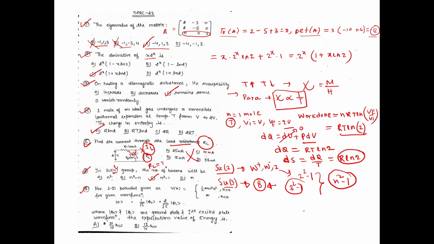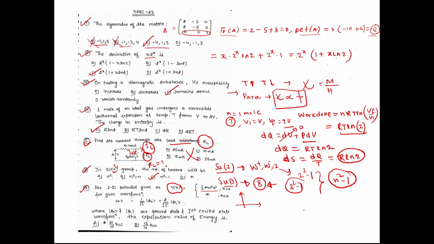We have to find the expectation value of the energy. From the question we can say that the potential given here for x positive follows the x squared law of potential, that is a half harmonic oscillator.